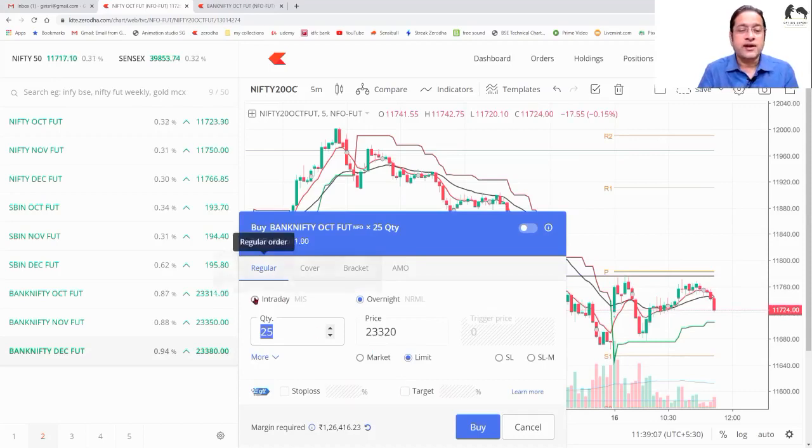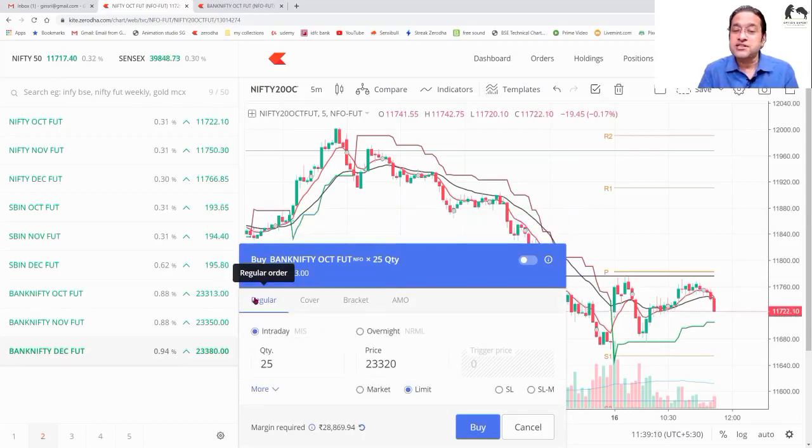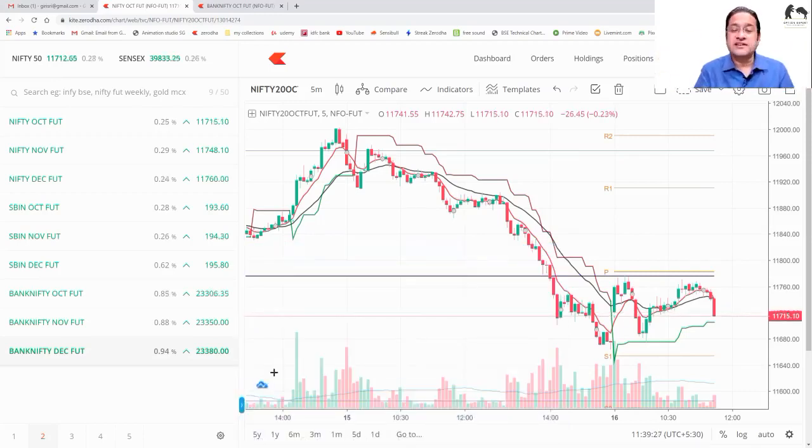For intraday, it takes a margin of about 28,000, close to about 29,000, and it has a lot size of 25. I should buy in lot size multiples of 25. Every point change will have an impact of 25 rupees plus or minus on the market. This is about the basic trading screens and the various stocks and futures, various contracts available.